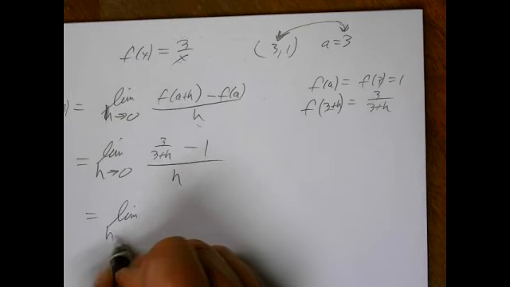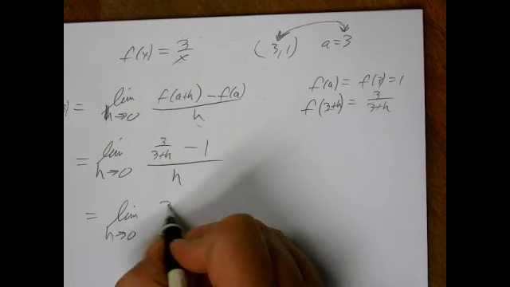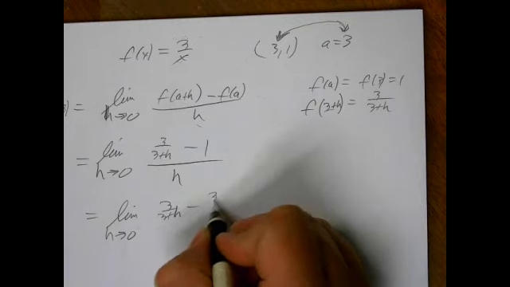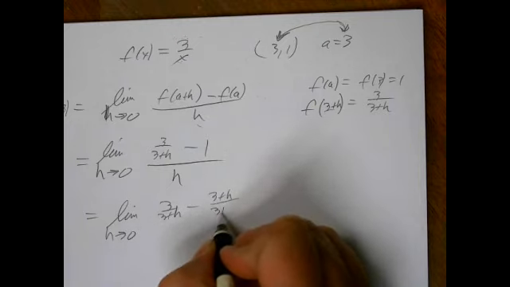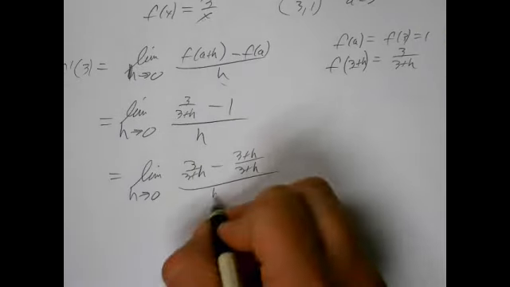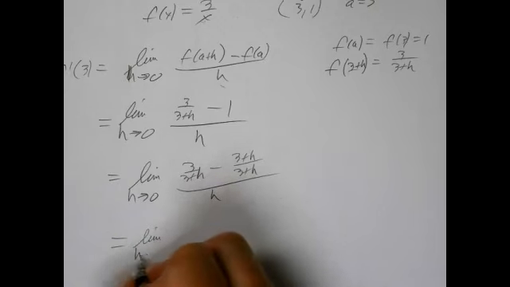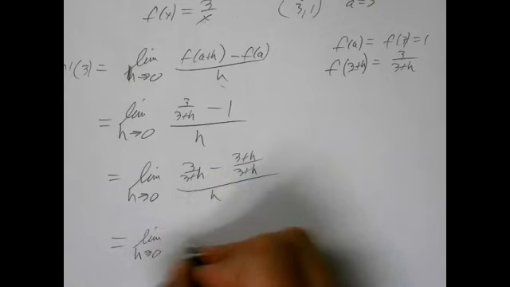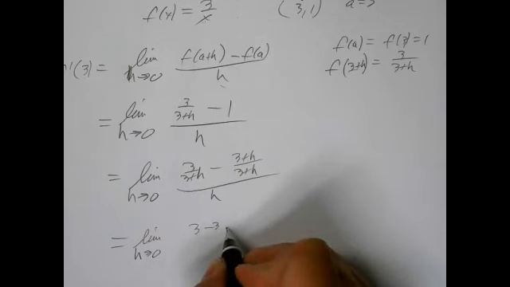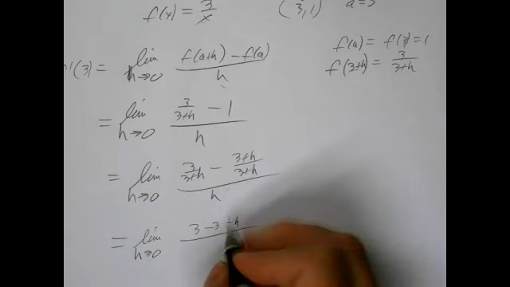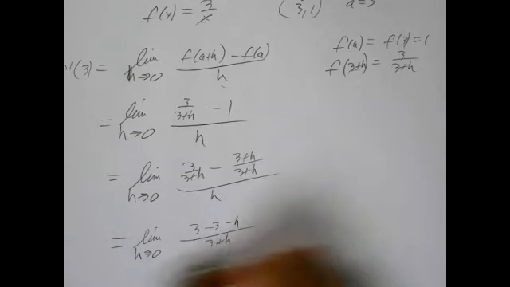So the limit as h approaches 0, 3 over 3 plus h minus 3 plus h over 3 plus h. That's writing the 1 with the common denominator of 3 plus h, all over h. This is the limit as h approaches 0. And this is going to be a 3 minus a 3 minus an h, when you distribute the minus sign through, over 3 plus h, all over h.